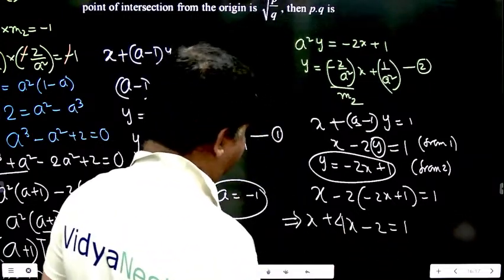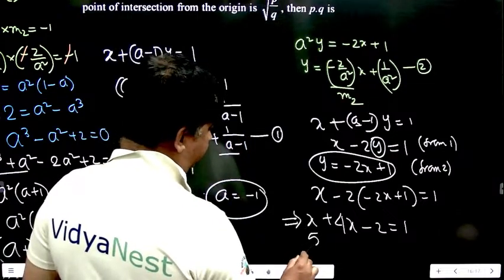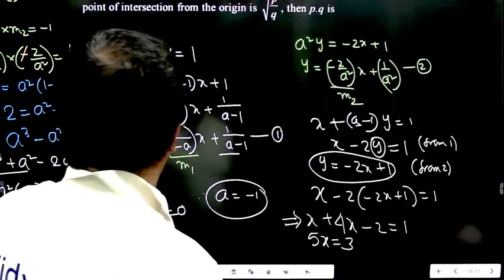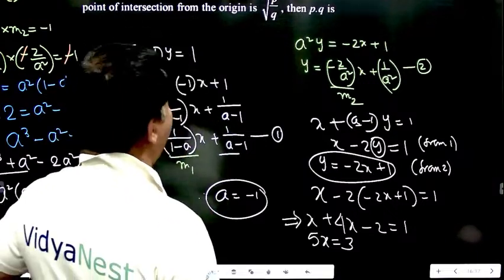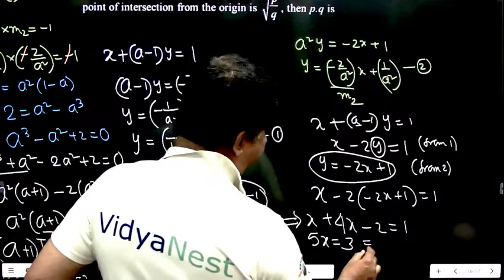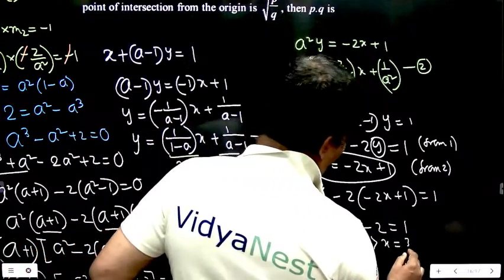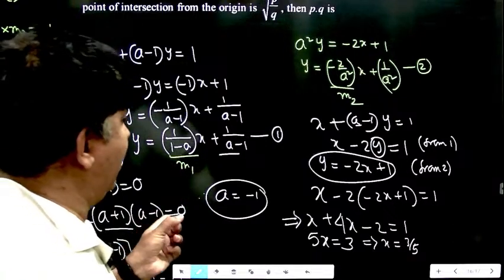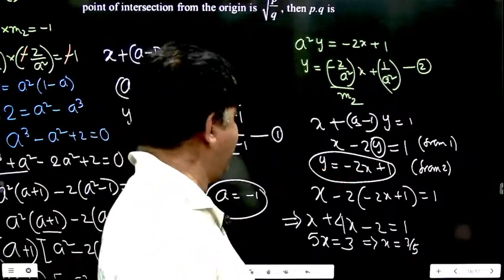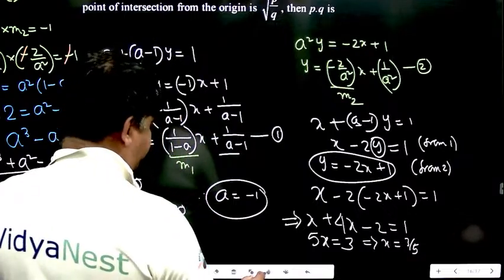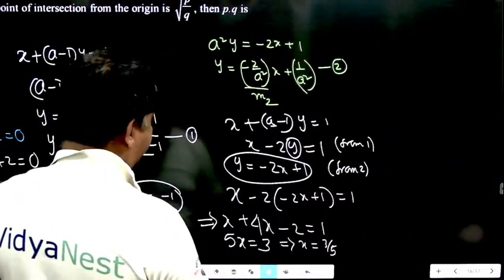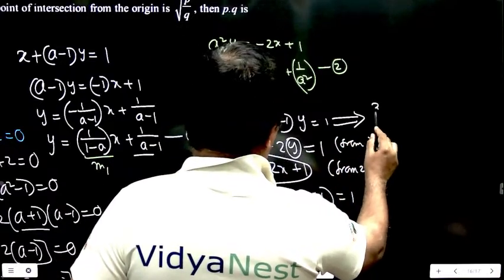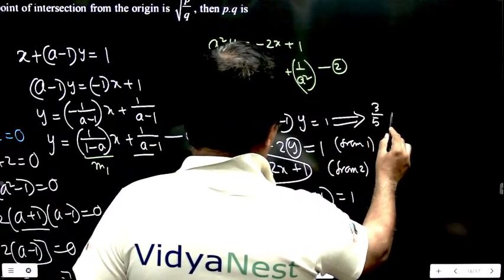So, x is the value 3 by 5. Once you get x is equal to 3 by 5, you put it in either of these equations.